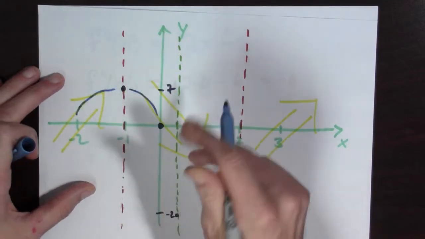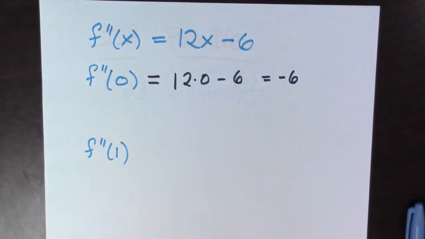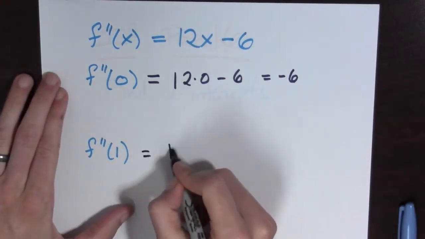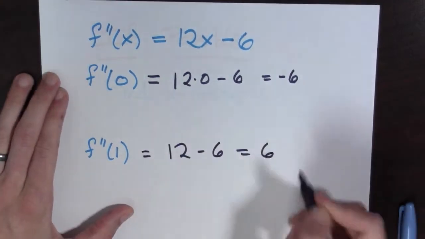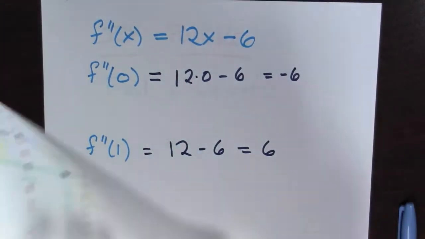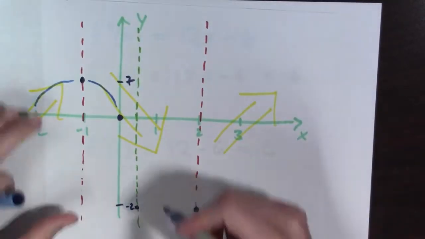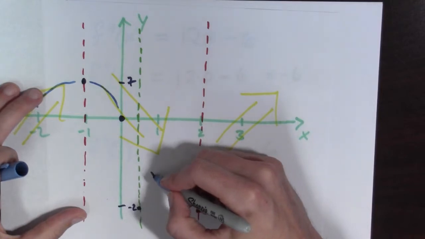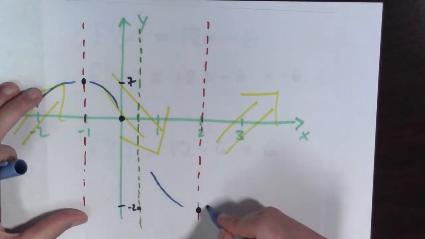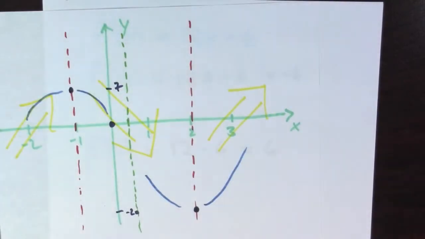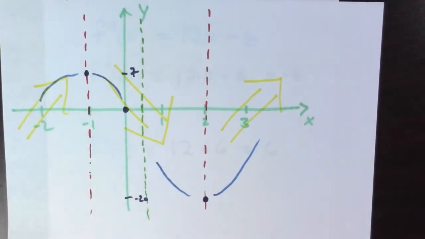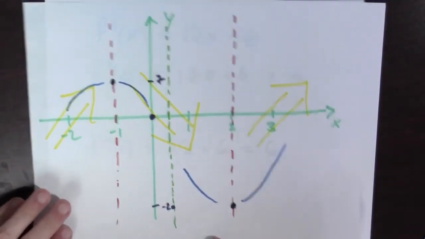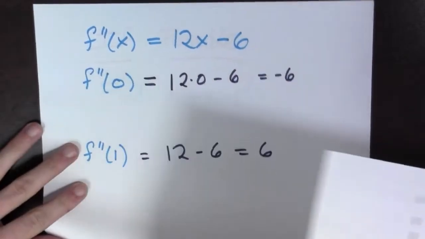This is concave down to the left. And f double prime of 1 is equal to 12 minus 6, which is equal to 6, and that's positive, which means it's concave up here, concave up. There we go. That's looking really nice. And so we're getting our curve sketched.